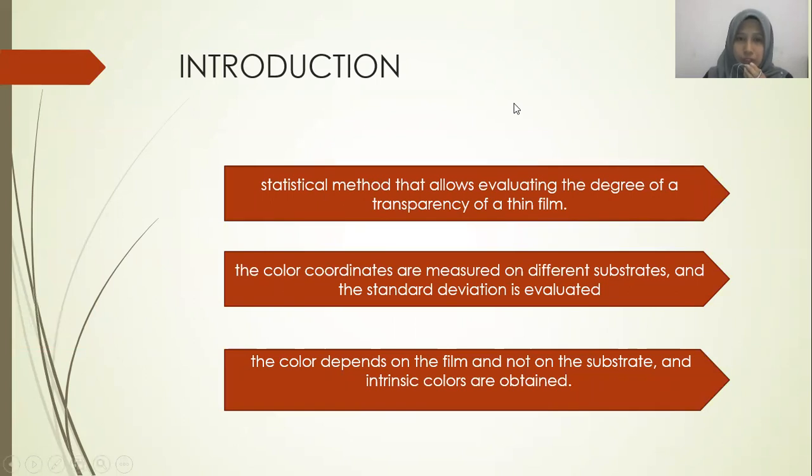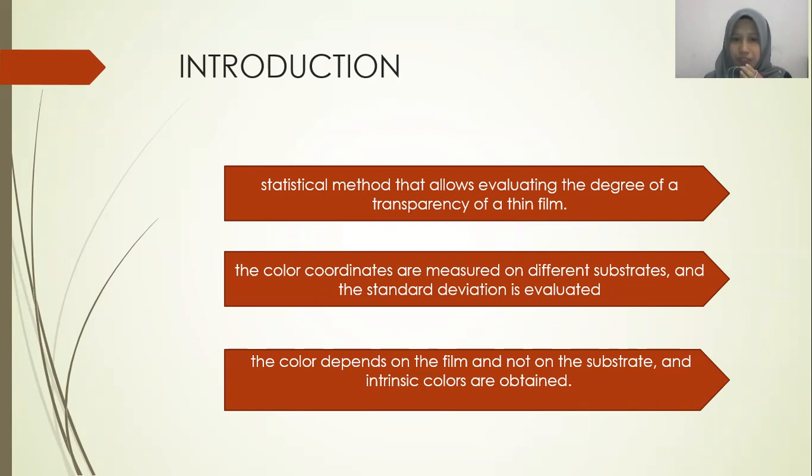So for the introduction of this research, they use a statistical method that allows evaluating the degree of transparency of a thin film. So they want to evaluate how the statistical method can produce the degree of transparency of a thin film, and they will use a standard deviation.